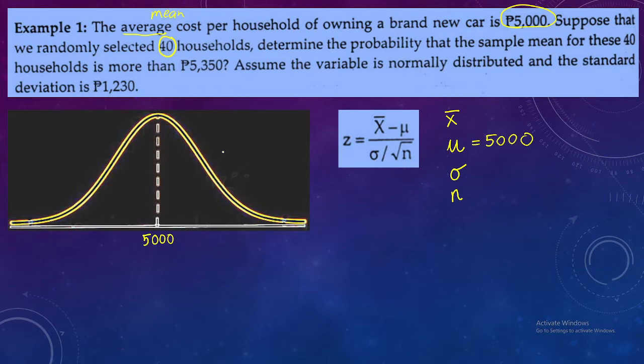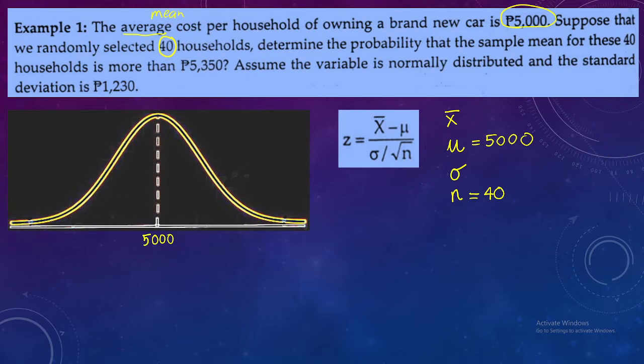This 40 is what they are looking for, how much the household cost per household of owning a brand new car is. So they collected data from 40 people. So these 40 households are our number of samples.